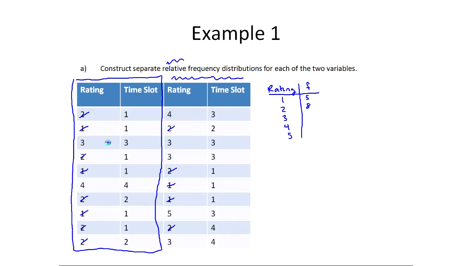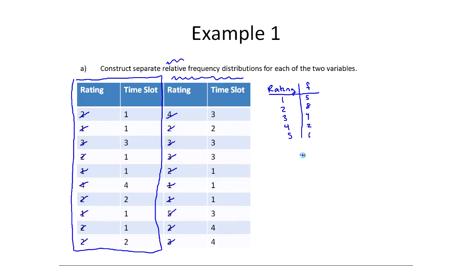Ratings of 3. 1, 2, 3, 4. Ratings of 4. 1, 2. And then so for ratings of 5, I only see 1 rating left, and that's a rating of 5. So I'm going to cross it out so I can double check everything.